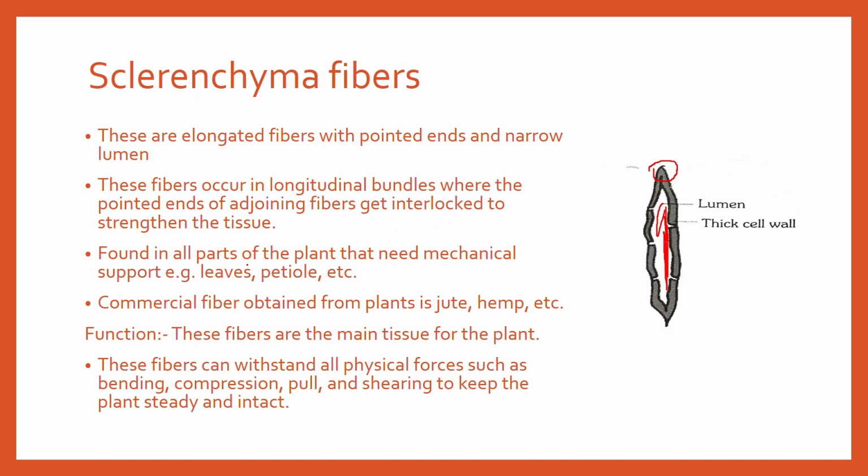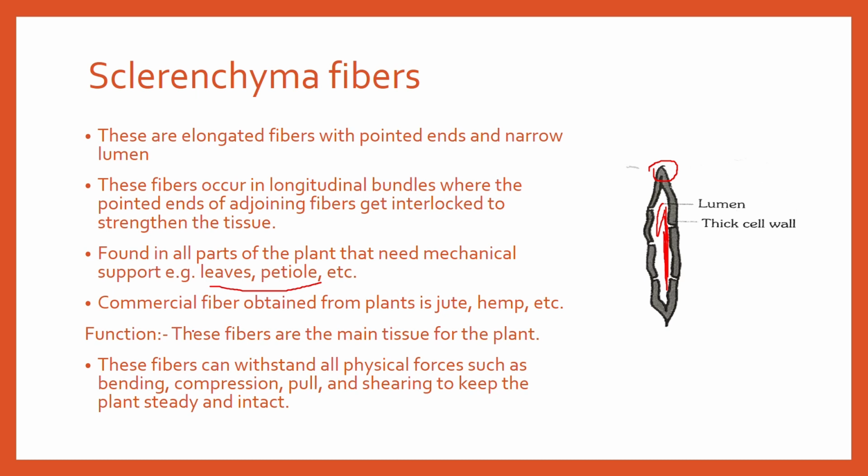So these fibers occur in longitudinal bundles where the pointed end of the adjoining fiber gets interlocked to strengthen the tissue. It is found in all the parts of the plant that need mechanical support like leaves, petioles, etc. So the commercial fibers obtained from the plants of sclerenchyma tissue are jute, hemp, etc.